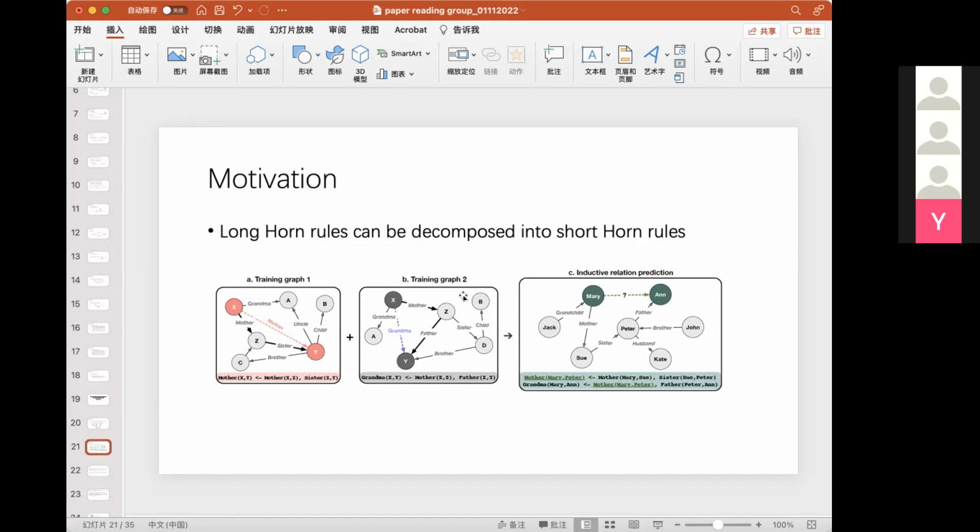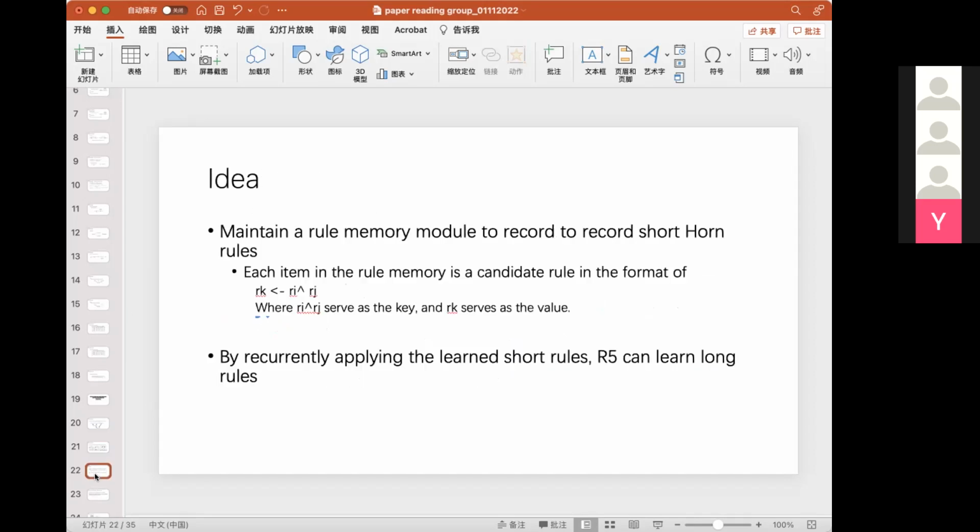Based on training graphs 1 and 2, we couldn't infer such a long rule. But by applying these two short rules recursively, we can still achieve the same goal as applying the long rule.